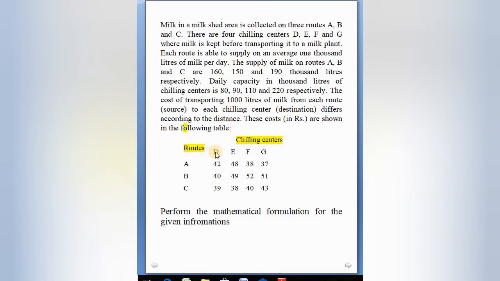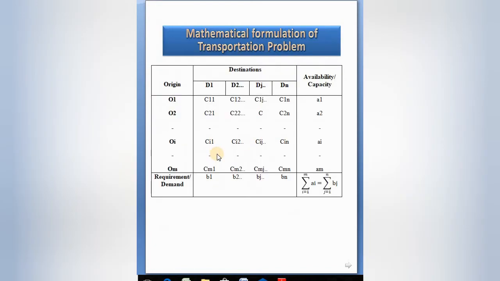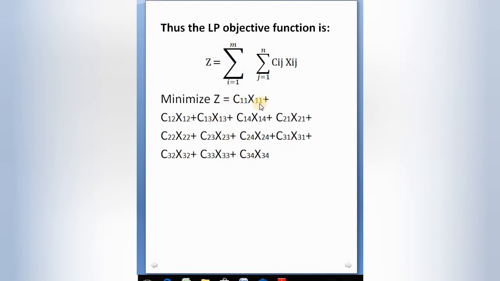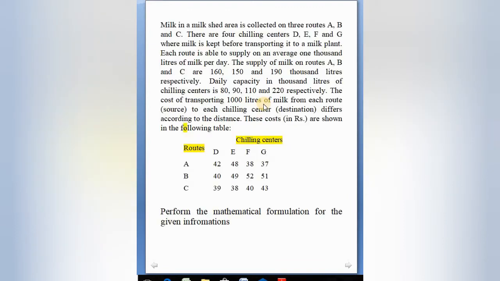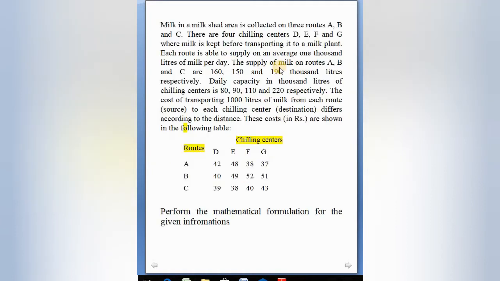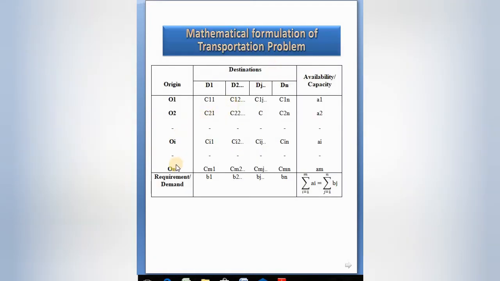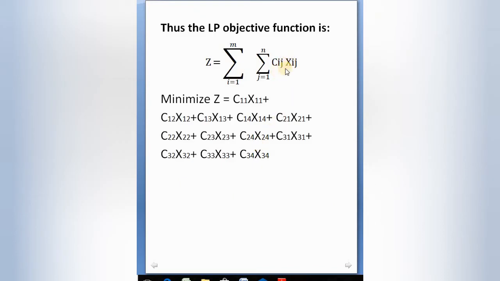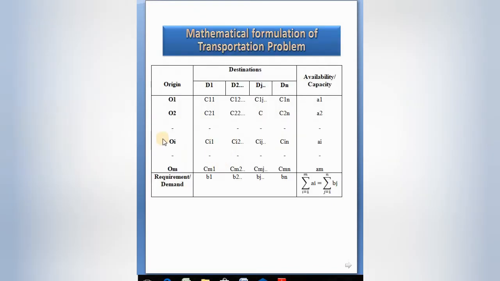And look here, Cij Xij. For everything Cij Xij, Cij means the cost of transporting from the ith source to the jth destination, and Xij is the quantity transported from the ith source to the jth destination.